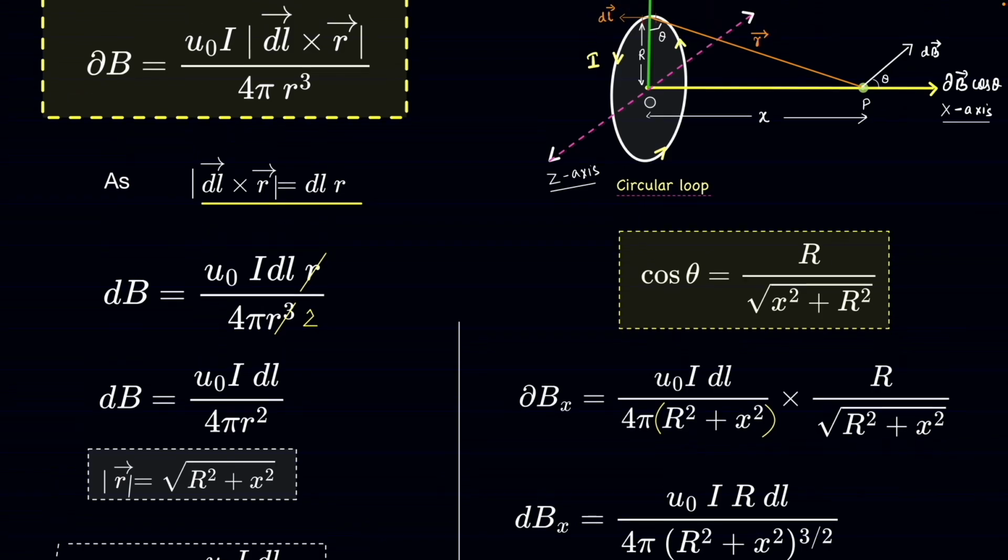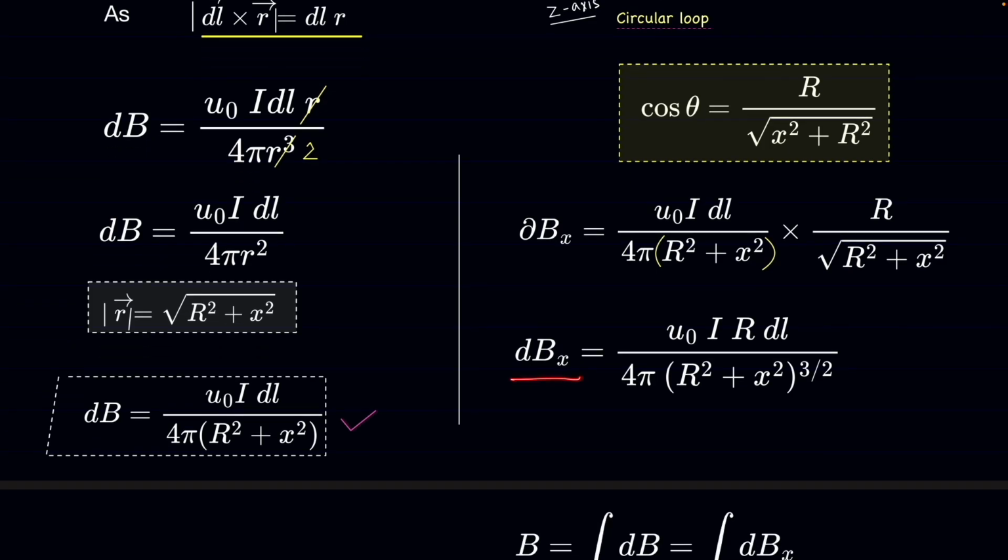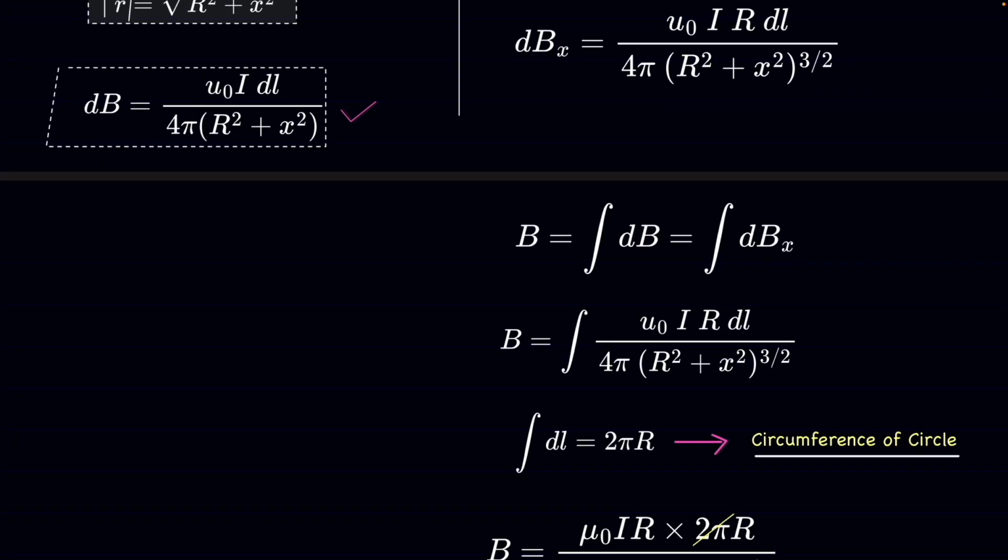Now if we have to find the magnetic field of the complete circular loop, then we have to integrate. So B, the complete magnetic field, is the integration of dB, and because the magnetic field is only along the x-axis, we can write it as dBx.